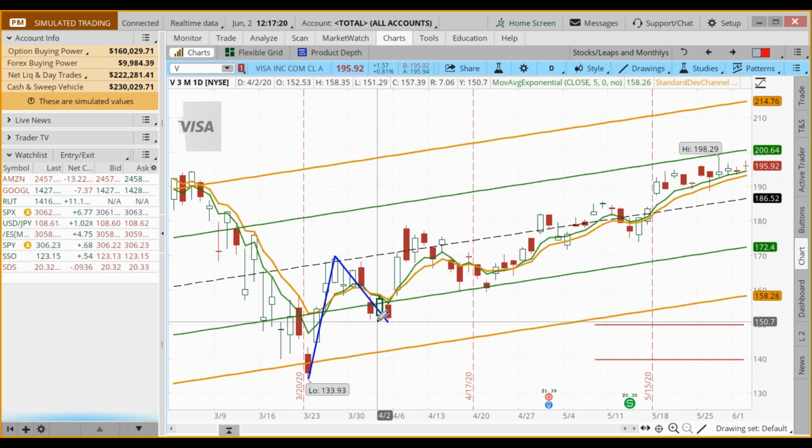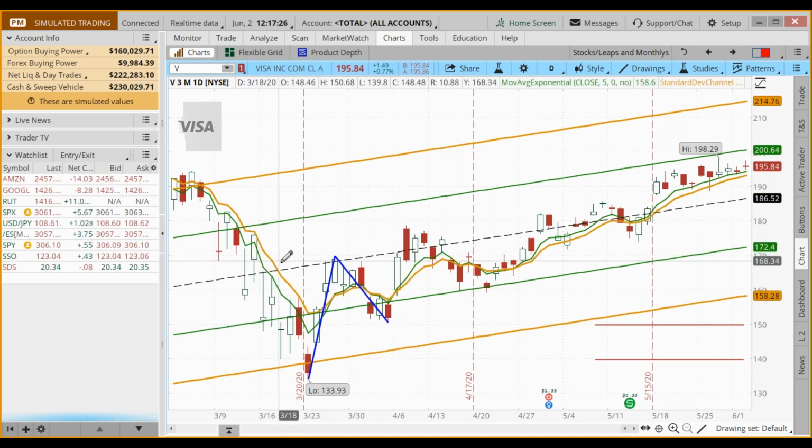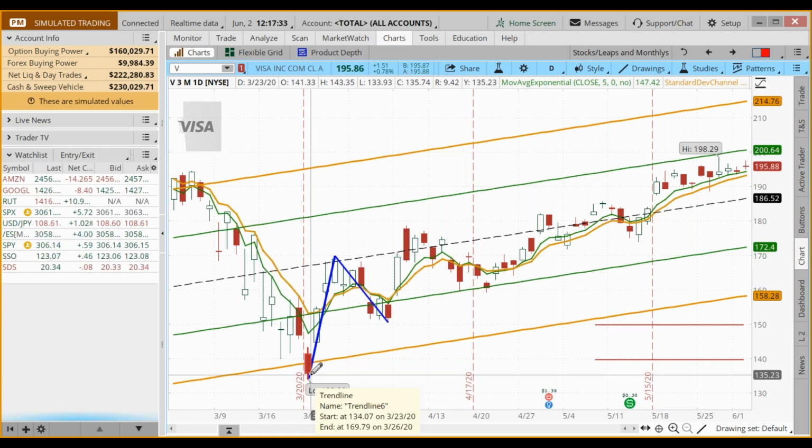Now, a lot of times, the first measured move after a major drawdown is a good one to know how far this might go.